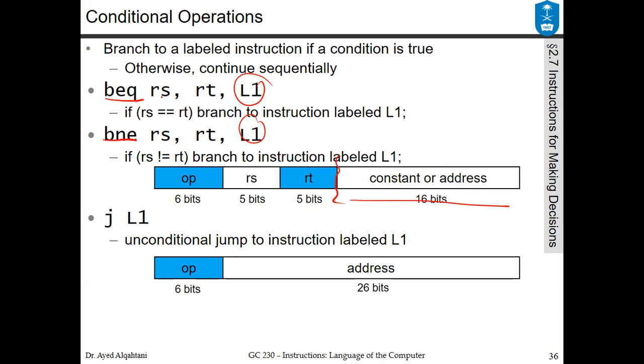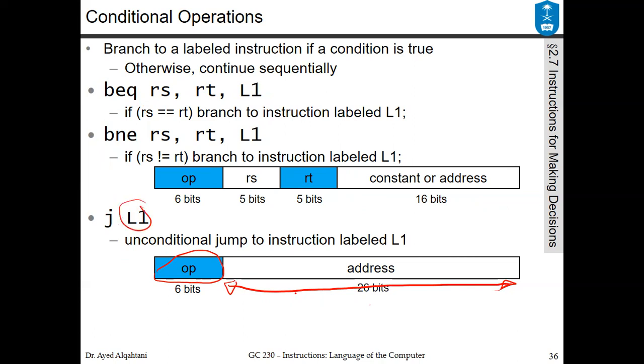The RS and RT, they are the two fields that you see here. And the opcode, there will be an opcode for the branch equal and there will be a different opcode for the branch not equal. And the same thing also for the jump. It has its own opcode. However, the main difference between these two and this one is this one is a J type that has only an opcode, and it has 26 bits reserved for the label.